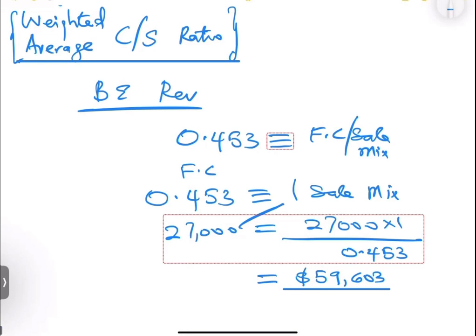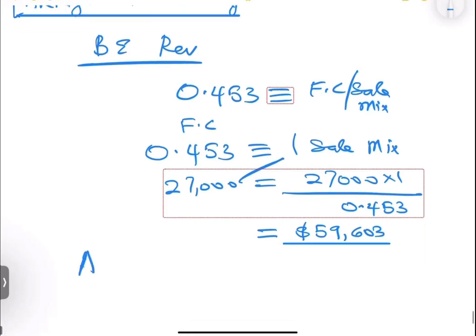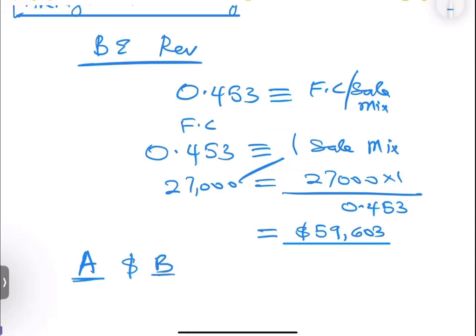Make sense? So that is the total revenue that will make us break even. But the question might go further, and could have asked that for each product A and B, what does that translate to? So we should be able to do the analysis.